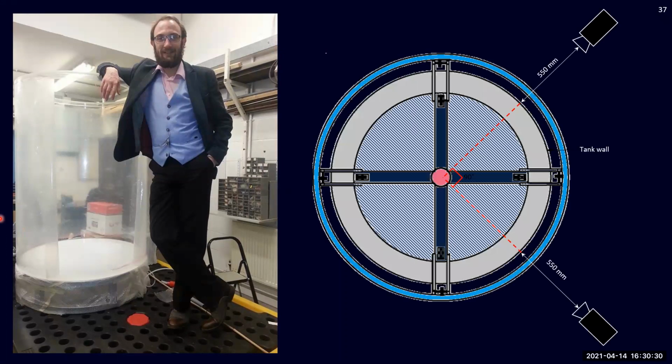An advantage of using enlarged models is that I could actually film the majority of the tank using some standard webcams that were placed equidistant, as you can see in this diagram here, on the tank wall. And because I have them at this 90-degree angle, I can actually track the model sinking in 3D.